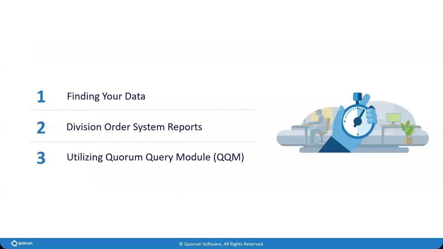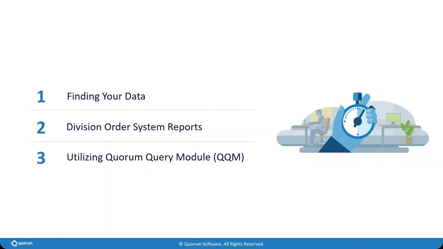Just to cover the agenda that we plan to show you guys, we have 3 topics that we want to cover. The first one is going to be finding your data within the system. So just giving you insight and some tips on how to access that information efficiently. Then we want to get into some of the Quorum division order system reports. So these are the canned reports that you can generate out of the system real time.